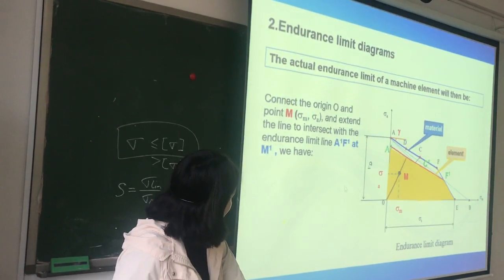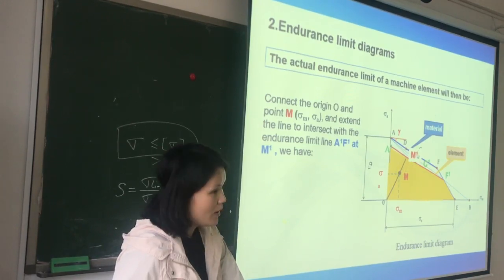We can connect the origin O and the point M and extend the line to intersect with the line A1, F1 at M1.